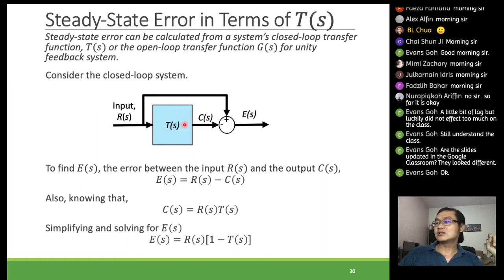We want to relate the error, E, with respect to the transfer function T here.